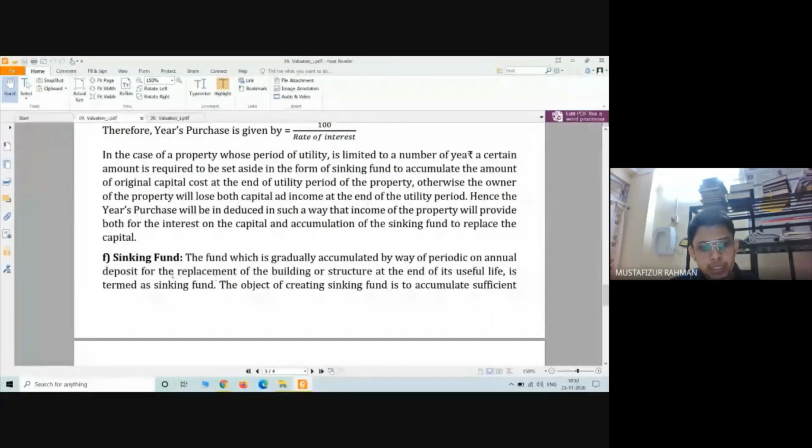It will be the replacement of the building or structure at the end of its useful life, so that we can replace the structure or have the actual cost.